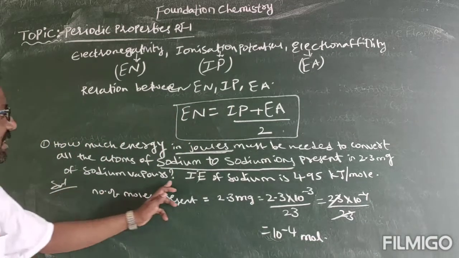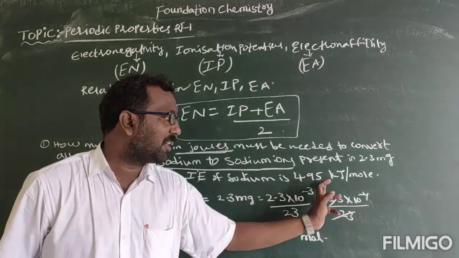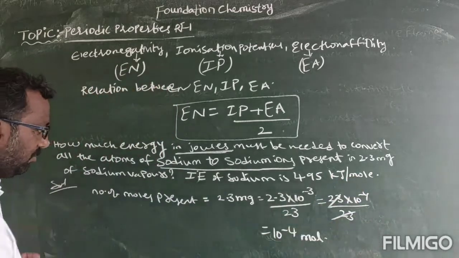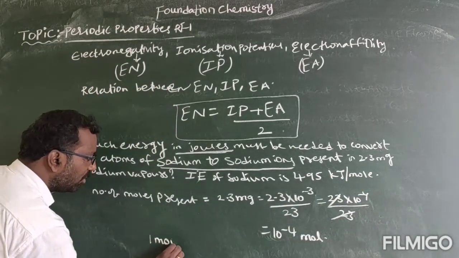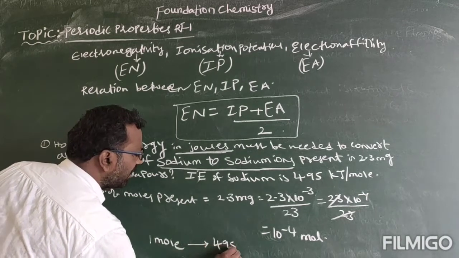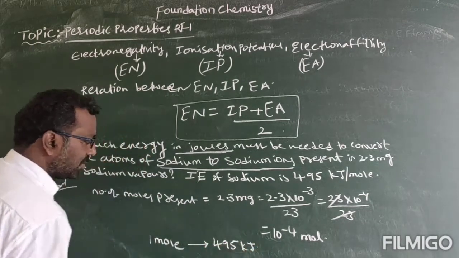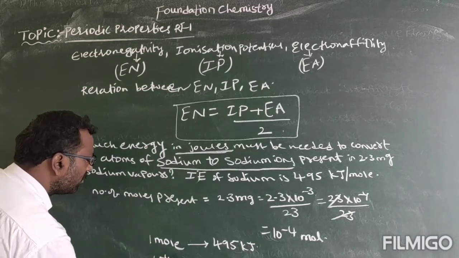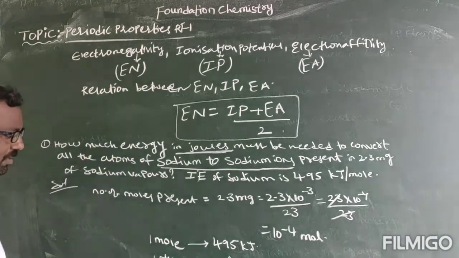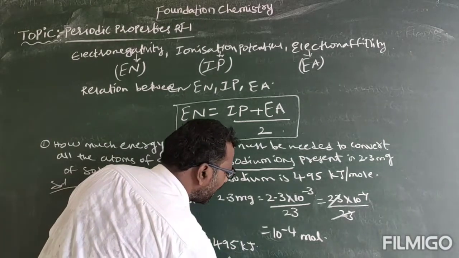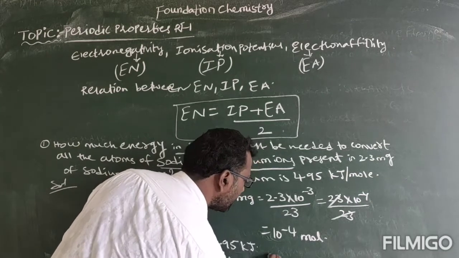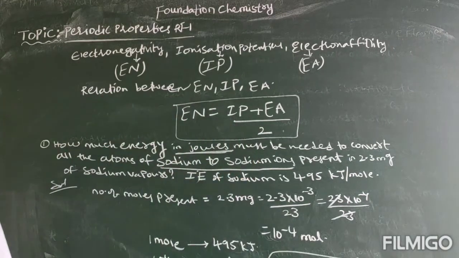See, what is the ionization energy here? For 1 mole it is 495 kilojoules. So for 10 power minus 4 mole, how much it will be? It will be 495 into 10 power minus 4 kilojoules of energy.